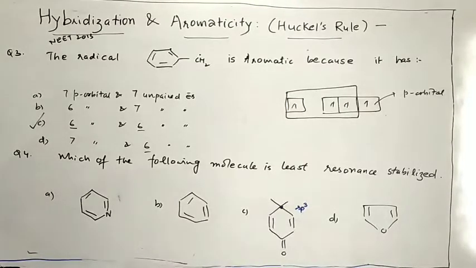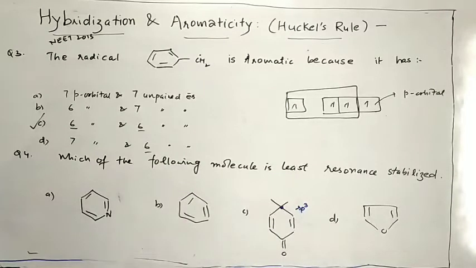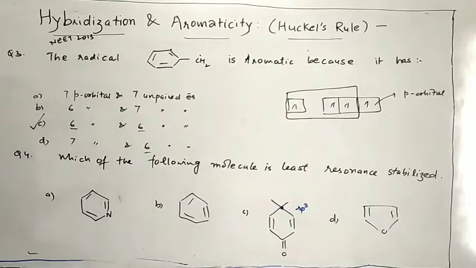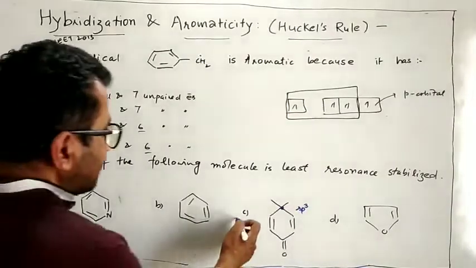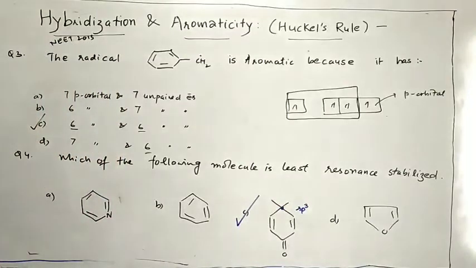Only option C has one carbon atom which is sp3 hybridized. sp3 hybridized means it does not have a p orbital. If there is no p orbital, resonance is not there. So your correct answer is C.